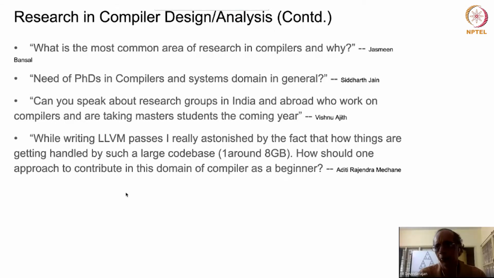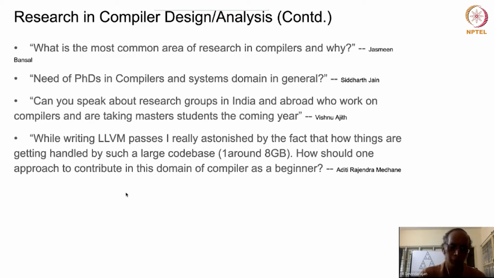I think the number of compiler groups in India has increased in the last 10 plus years. It was a lone battle that Uday was fighting at IIT Bombay, and Srikanth and Preeti Shankar at IISc. But now it has increased, and we have Krishna, Ramakrishna, Subhajit.